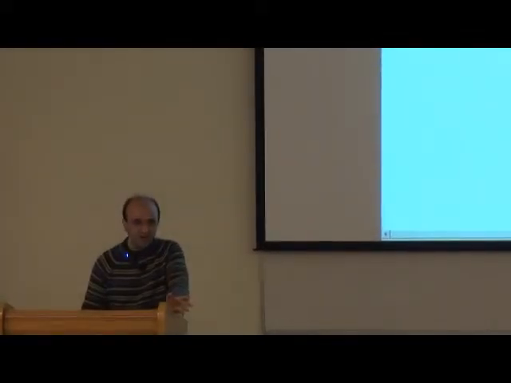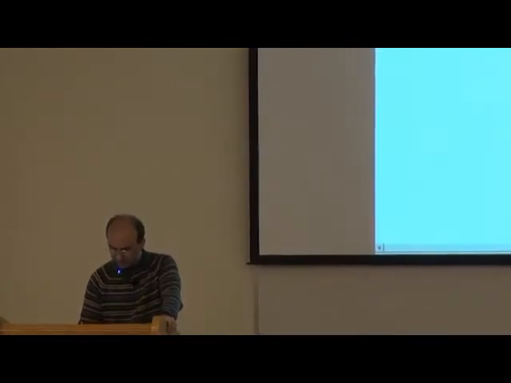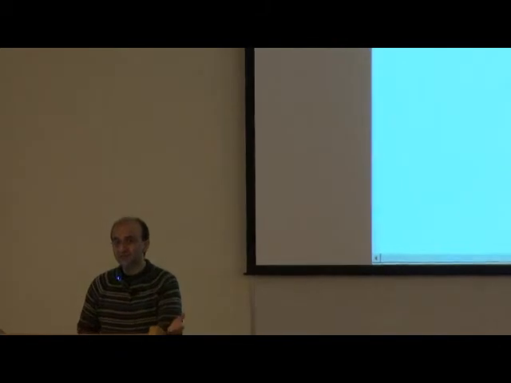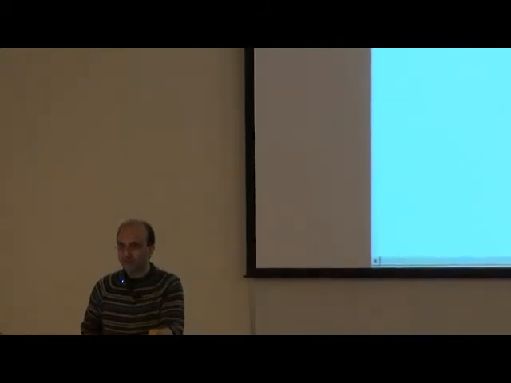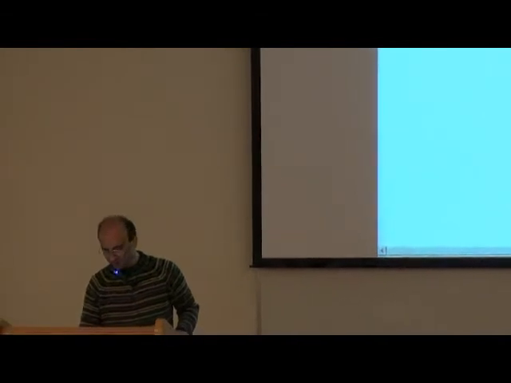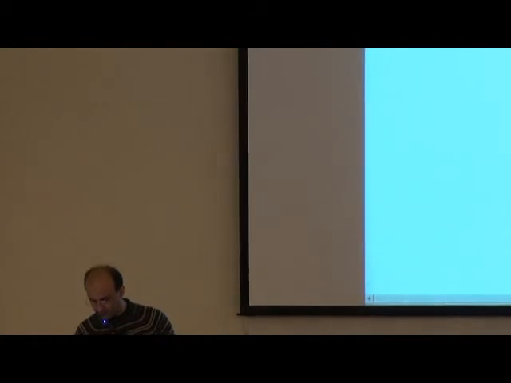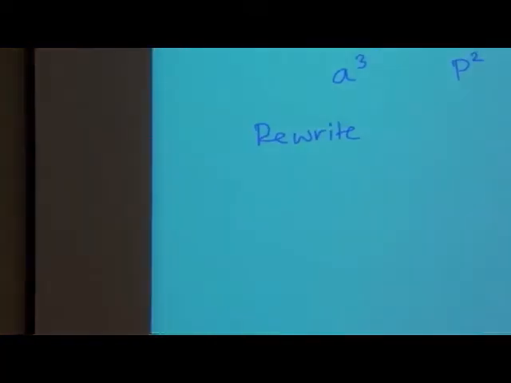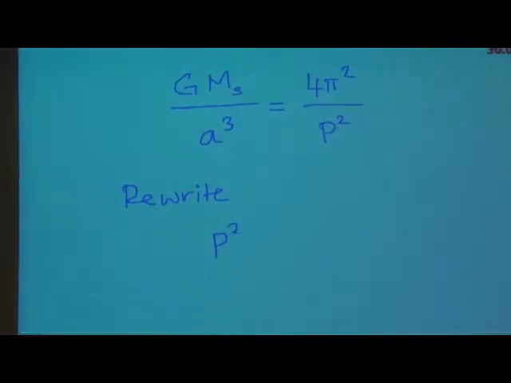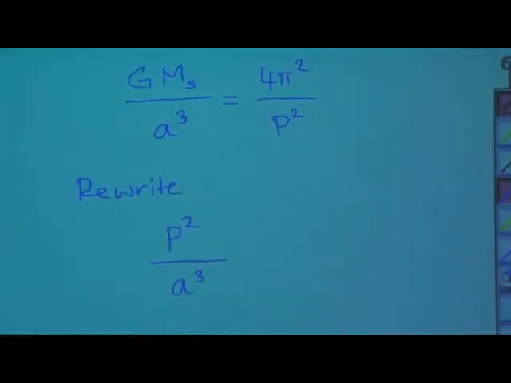Now if it's a circular orbit, we can use the radius, but it's also valid for elliptical orbits, so let's put the semi-major axis there. And let's rewrite this for p squared divided by a cubed.